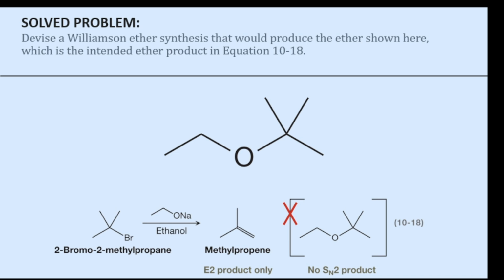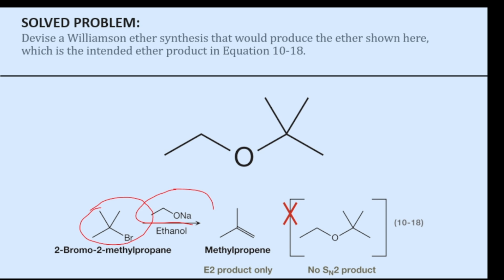Did we have to have this one be the alkoxide and this one be the bromo? Could we have swapped functional groups here? Yes. And that would have given us a primary substrate, right? We can do primary substrates. That works. And then that would have given us a tertiary alkoxide, which also would work.